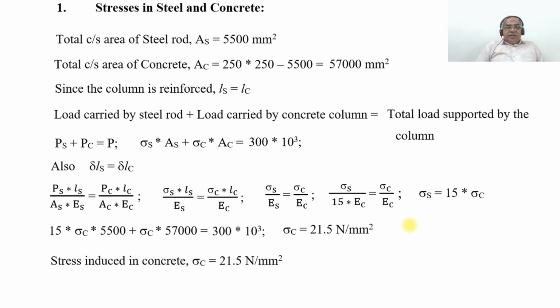Therefore, the stress induced in the concrete is 21.5 Newton per mm square. Similarly, the stress induced in the steel rod, sigma S, will be equal to 15 times sigma C, which is 15 into 21.5, which will be equal to 322.5 Newton per mm square.